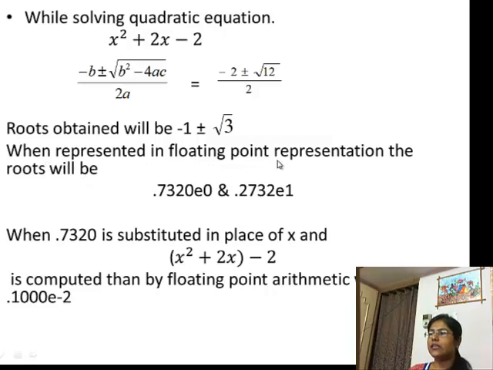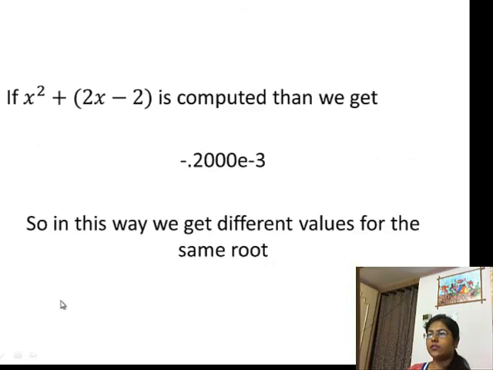When represented in floating point representation, the roots will be 0.7320 e to the power 0 and 0.2732 e to the power 1. When 0.7320 is substituted in place of x in the quadratic equation that was given, and is computed by floating point arithmetic, we get minus 0.1000 e to the power minus 2.